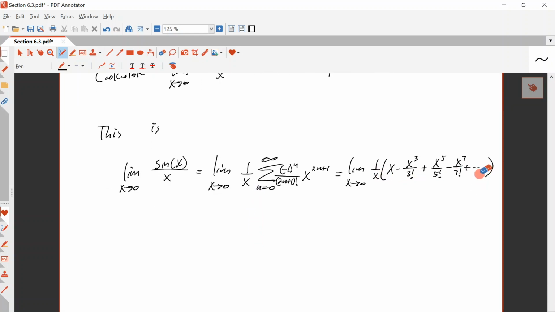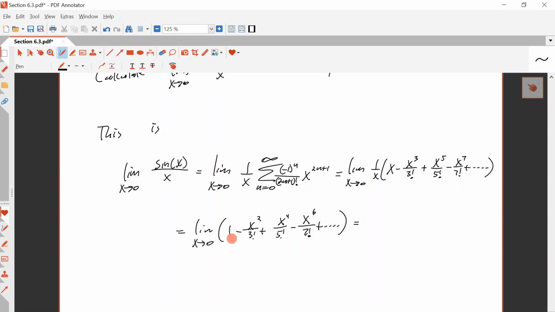Put the 1 over x through here. So this is equal to the limit as x goes to 0 of 1 minus x squared over 3 factorial plus x to the fourth over 5 factorial minus x to the sixth over 7 factorial, and so on and so forth. Well, as x goes to 0, this is a continuous function, and as x goes to 0, you just plug in 0 here, here, and here.